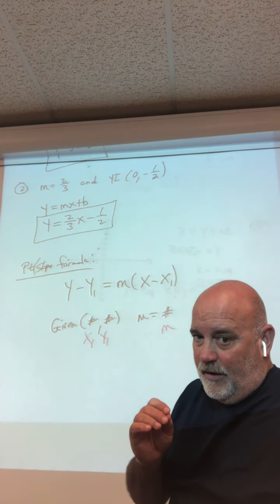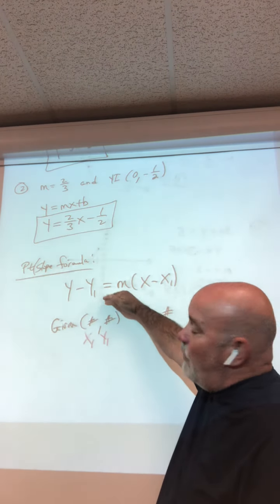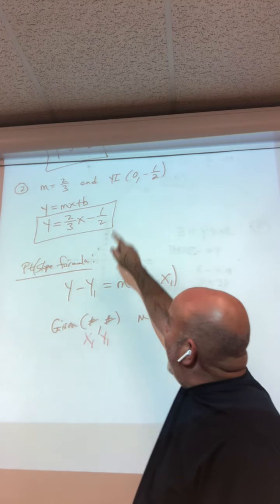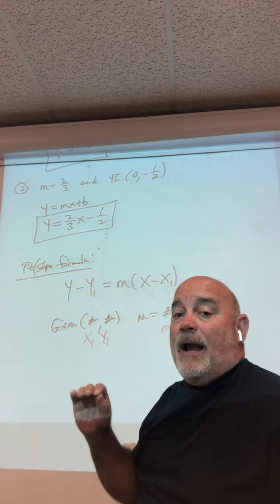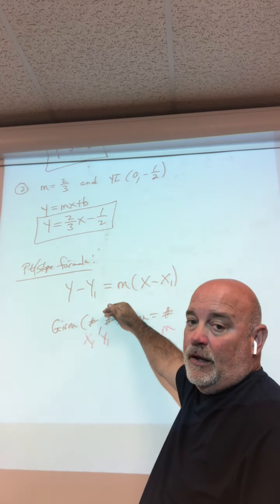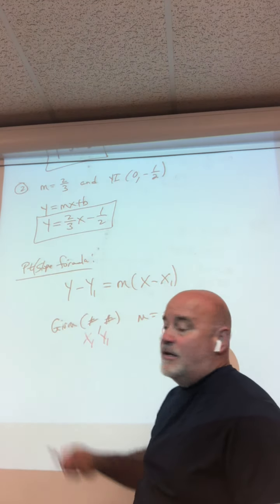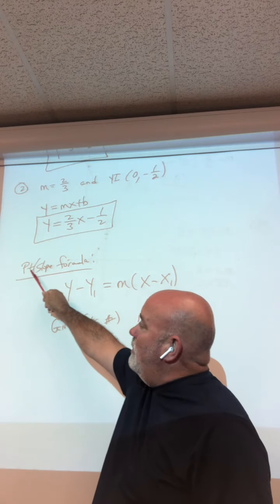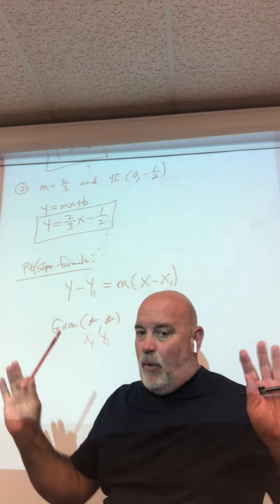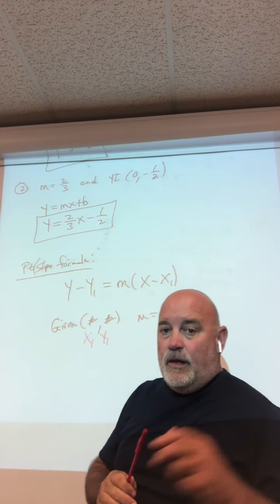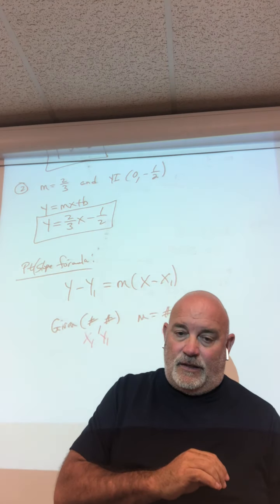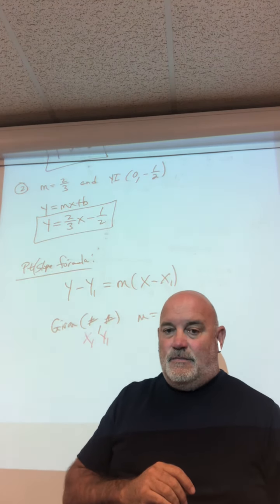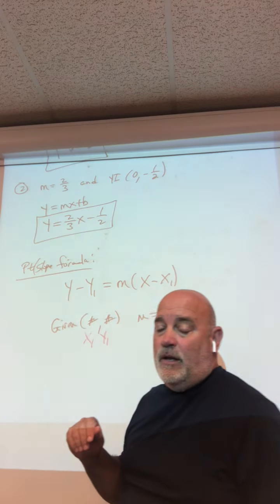Now listen carefully right here. This formula could actually work these two right up here, but I don't have to use this formula here. And the reason is this. This point slope formula means any point that I'm given. So is the y-intercept a point? Yes, it is. The y-intercept is a point.